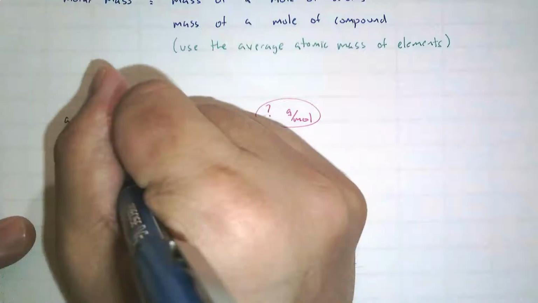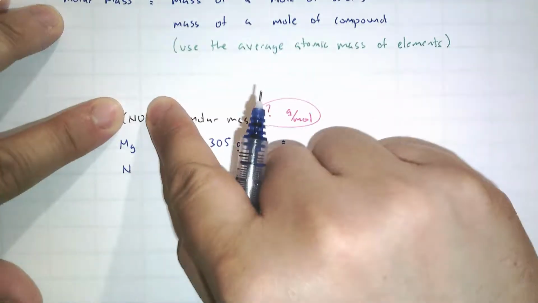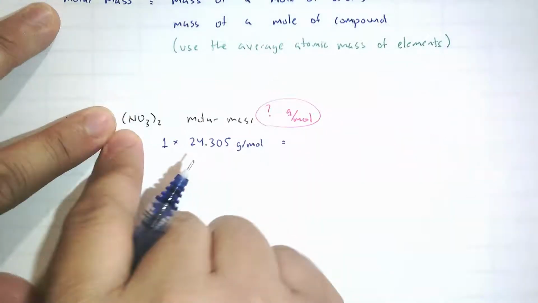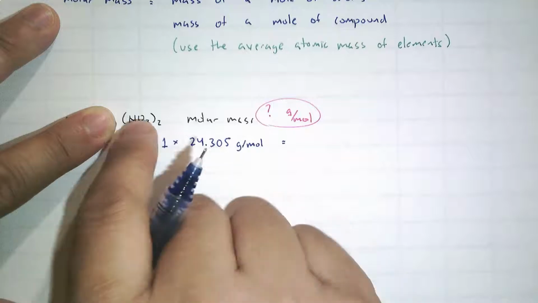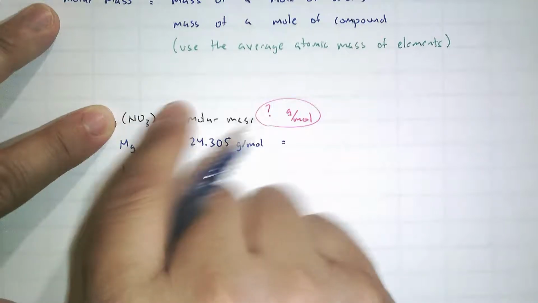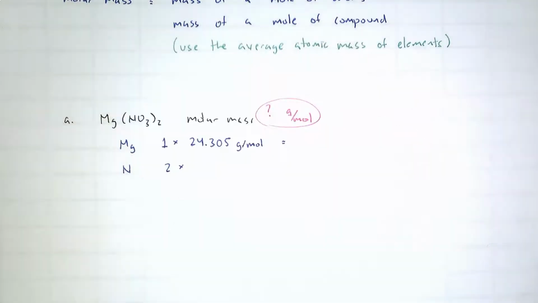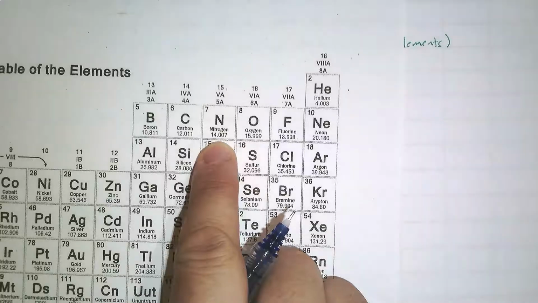But what about the nitrogen? The nitrogen is part of the polyatomic ion nitrate, NO3, but it's in parentheses, and there's a 2 after the parentheses. That means there are 2 nitrates. If one nitrate has 1 nitrogen, 2 nitrates has 2. We're going to have 2 times 14.007.